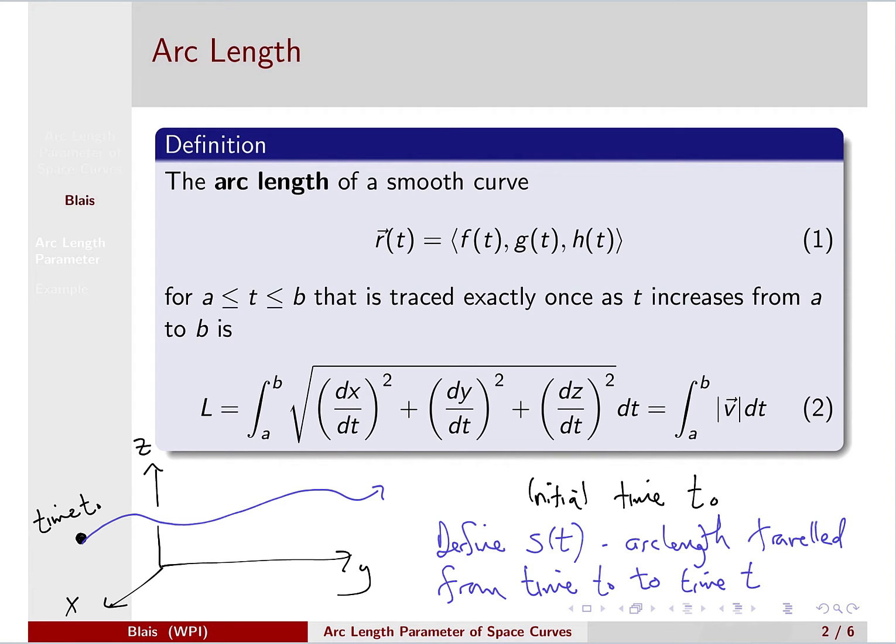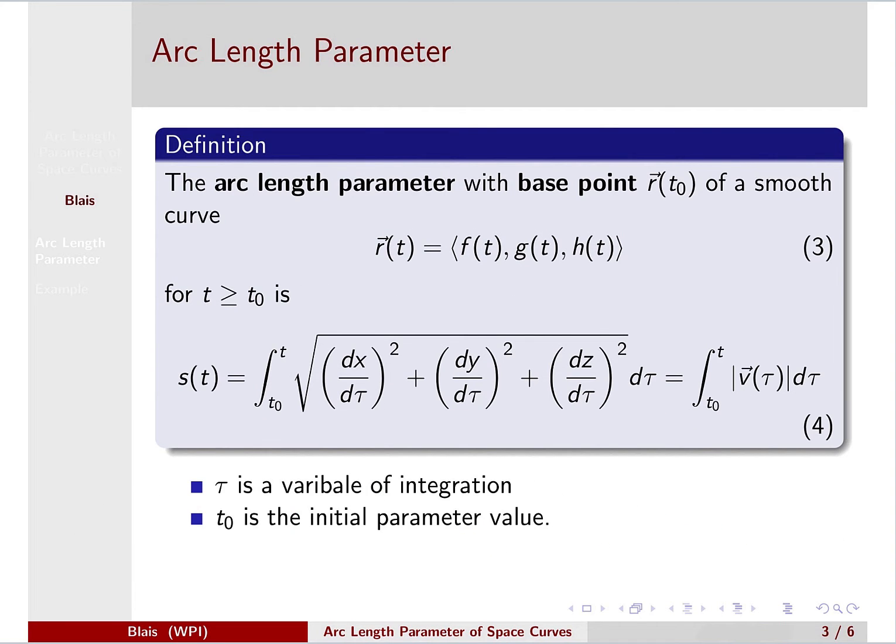So at time t, s of t is the length traveled by this particle from time t naught to time t. And this is how we define it here.